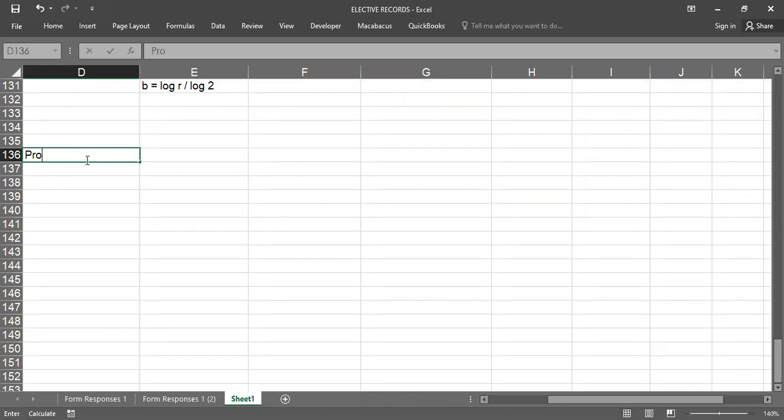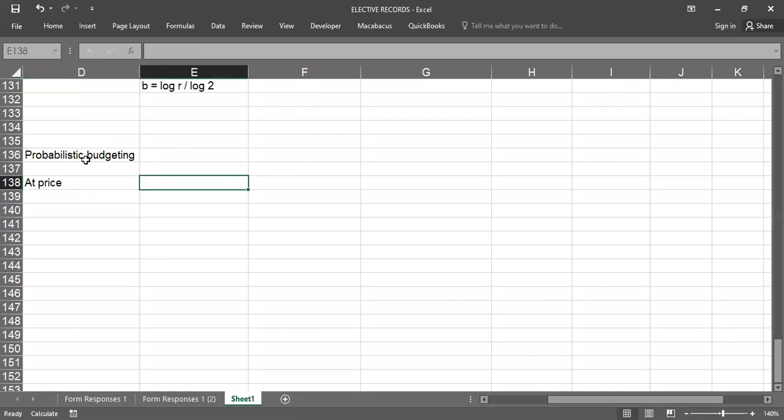Probabilistic budgeting usually happens on units of production or units of sale. They will tell you that maybe at the price of 50,000, they have probabilities and units in sales.